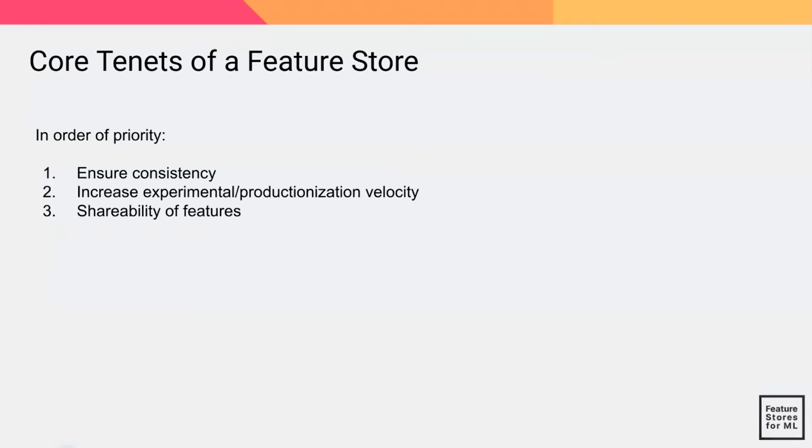Number one, ensure consistency. The type of consistency that we're most familiar with is offline, online data consistency. That is the fundamental foundation of consistency levels, but I'll talk soon about the different layers that I see in addition to that. Without consistency, no matter how fast you make the experimental flow, how fast you make productionization, the feature store can't be relied on.